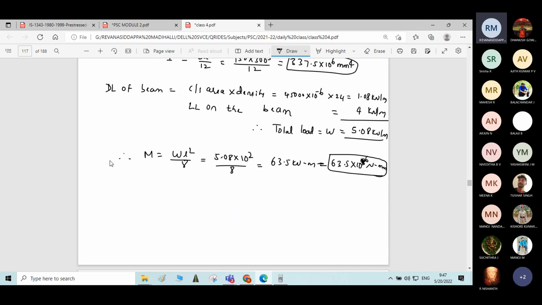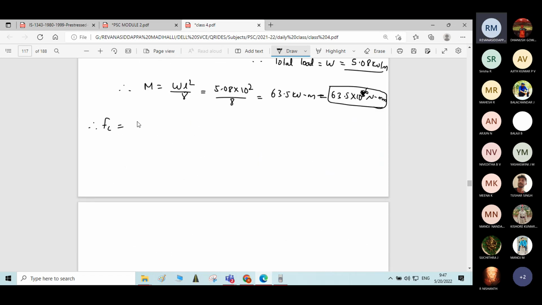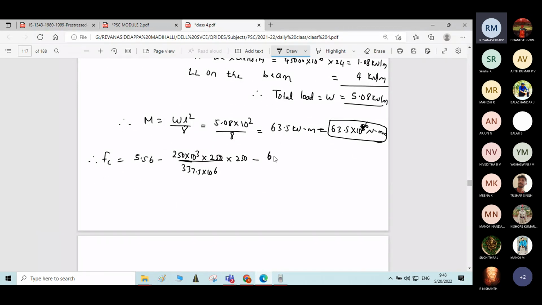Fc is equal to P by A. The value is known, so I'll directly substitute 5.56, minus PE by I: 250 into 10 power 3 is the P, into the eccentricity 250, divided by the moment of inertia 337.5 into 10 power 6, into E again 250, minus M by I into E. M is 63.5 into 10 power 6, divided by I, the moment of inertia, 337.5 into 10 power 6, into E again 250.